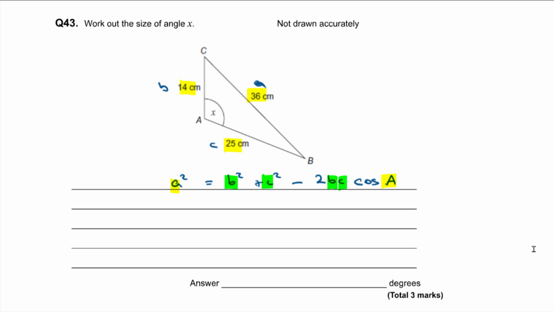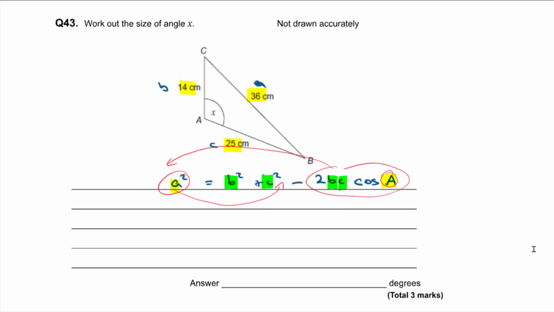Now this time, it's this thing on the end that I want to find, which is embedded on the right-hand side. So I've got a bit of rearranging to do here. Add 2BC cos A to both sides, shifting this whole bit over to here and this bit over to here.